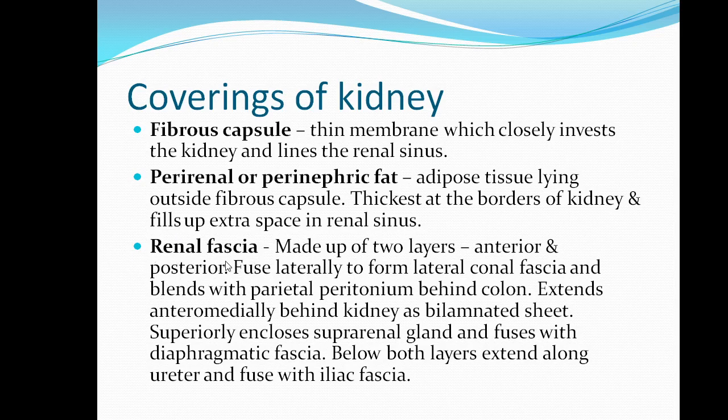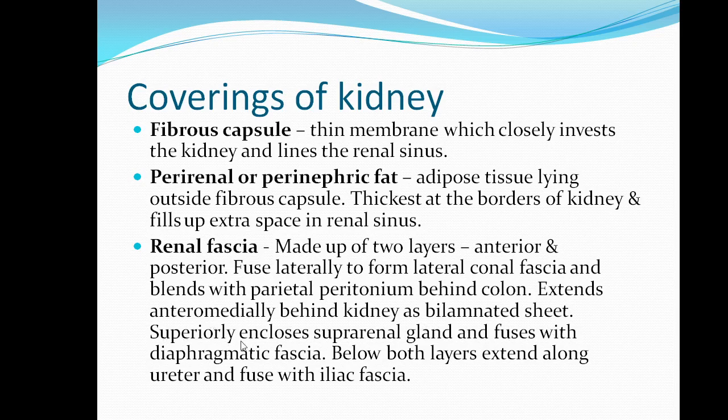The renal fascia is made up of two layers, an anterior and a posterior. The two layers fuse laterally to form the lateral conal fascia and blend with the parietal peritoneum behind the colon. It extends anteromedially behind the kidney as a bilaminated sheath.